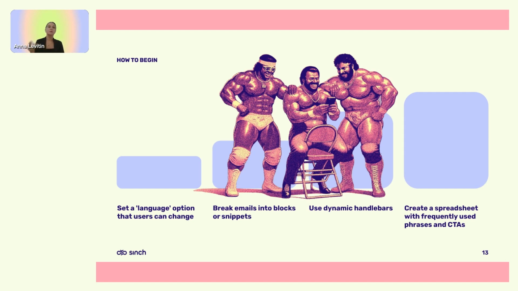And I'm not only talking about the ESP, also the platform where you build landing pages. I know that the majority of suppliers, and it's a very positive change, have introduced at least a translation solution. So first of all, talk with your platform and find a technical solution for that.